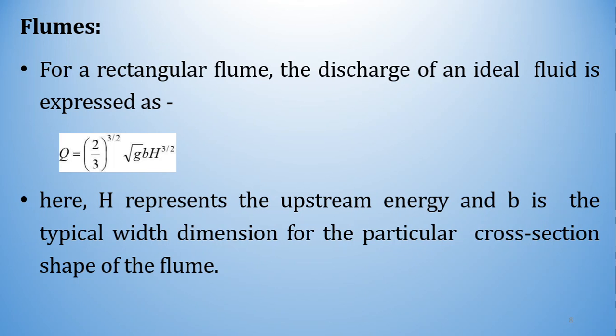For a rectangular flume, the discharge of an ideal fluid is expressed as Q = (2/3)^(3/2) √g · b · H^(3/2). Here capital H represents the upstream energy and small b is the typical width dimension for the particular cross section shape of the flume.